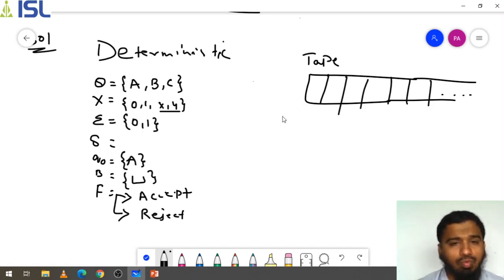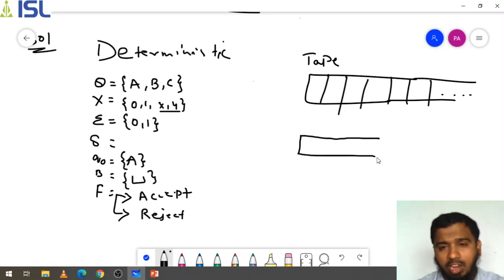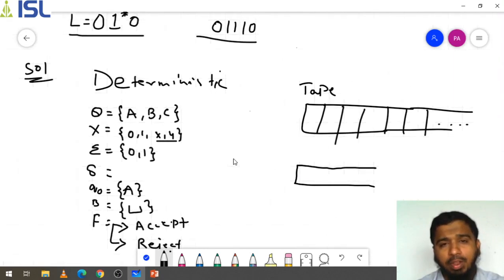Okay. So, here the tape is there, and in the tape I am taking the string 0 1 1 1 0. In the tape, as I told you, X and Y values will be there.